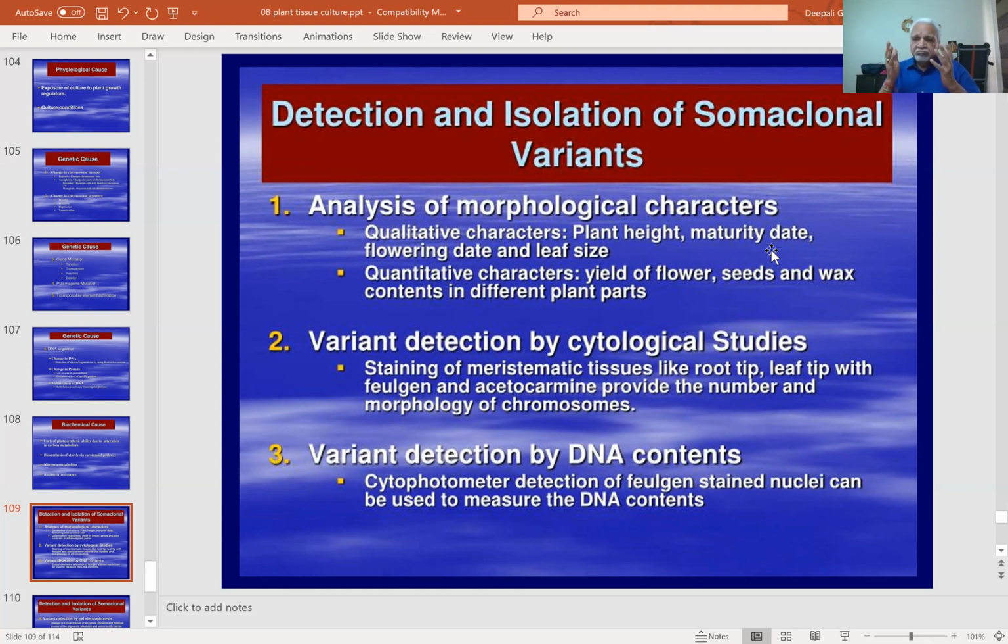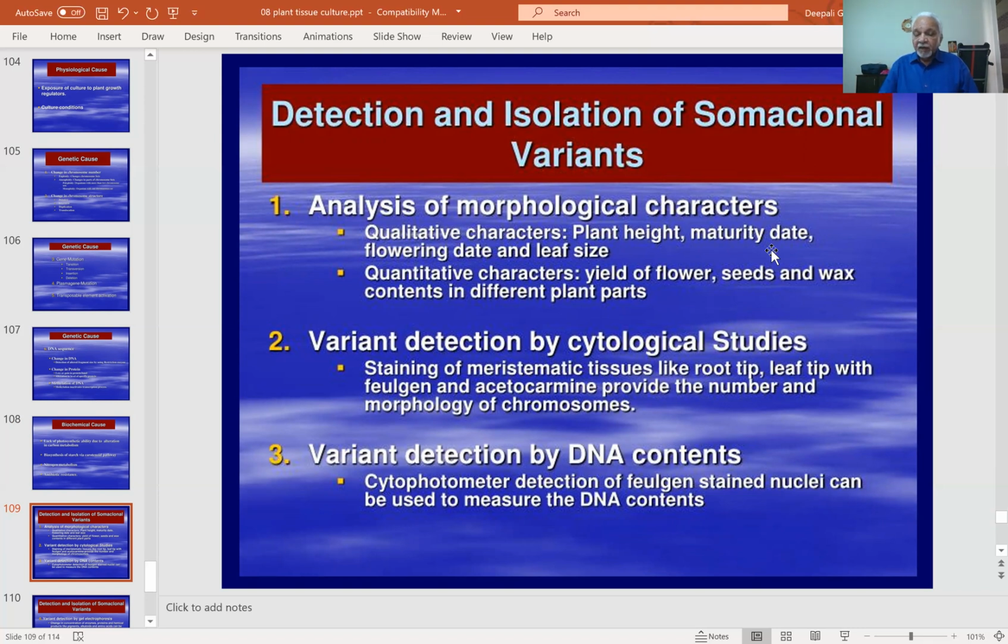One way, very simple, is through morphological characters. If you have a population of tissue culture regenerated plants and you see that they are showing differences in their structure, in their biomass, and other things, you can select those plants. Then you can do some cytological detection, because chromosomal aberrations can be seen under the microscope through cytological means. You can examine whether the change seen is because of any change at the chromosomal level.